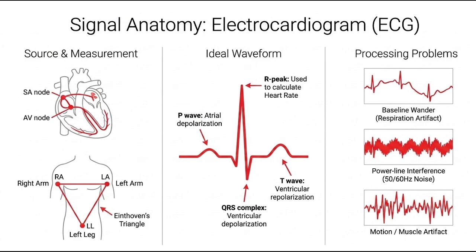But the major problem when we process the signals, first is the baseline wander. Normally, when we are advised to do ECG, we are told strictly not to breathe very fast or very slowly. Normal breathing is expected. Why? Because you know very well that if you breathe slowly or faster, the respiration is linked to our heart, right?